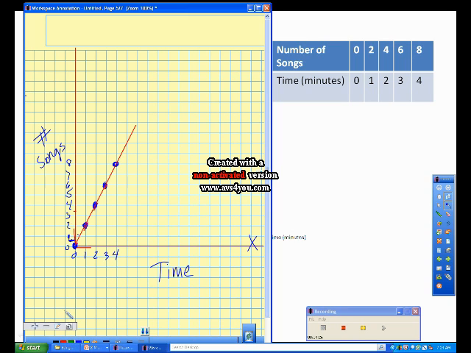Because this data point is sitting on the line right there, that means that after a half of a minute, I've downloaded 1.5 songs. Okay, now, or actually, let me line this up a little bit better here.